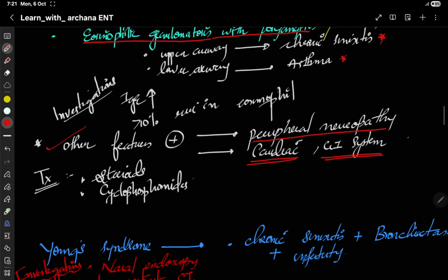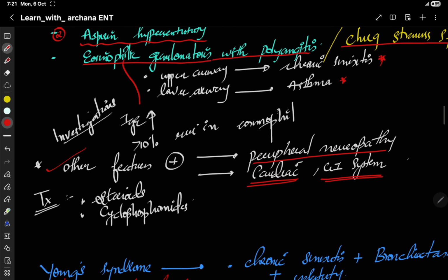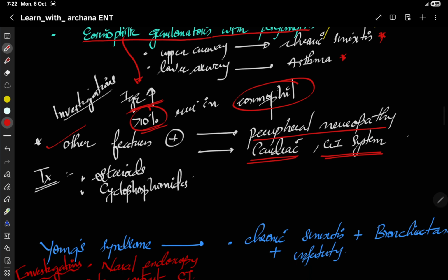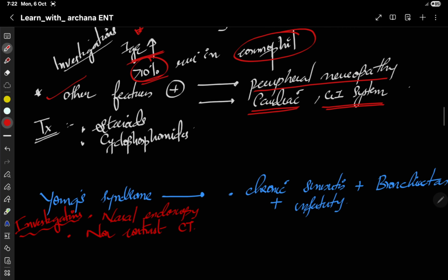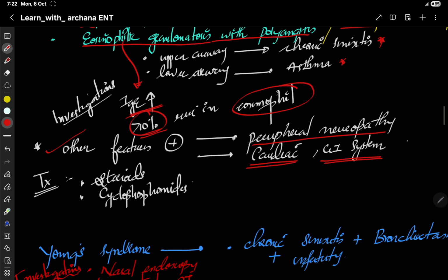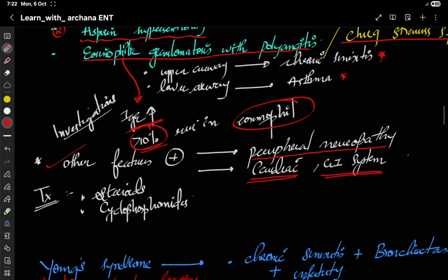So, what are the investigations we have to do? It is eosinophilic, so the IgE amount will be increased. And the thing is, the eosinophil count will be more than 10%. Okay, what will be the treatment? What do you mean by eosinophilic granulomatosis with polyangiitis?